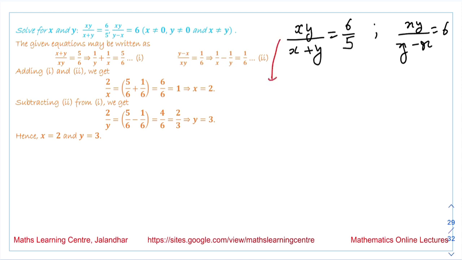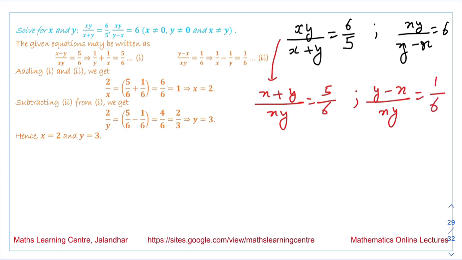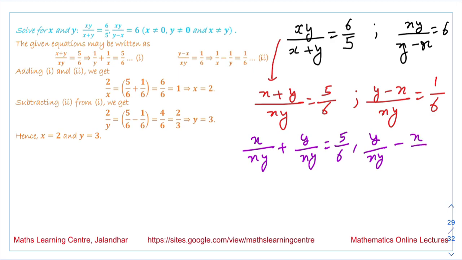We can write these two equations as x plus y over xy is equal to 5 by 6, and y minus x over xy is equal to 1 by 6. We separate this xy in the denominator, so we get x over xy plus y over xy is equal to 5 by 6, and y over xy minus x over xy is equal to 1 by 6.